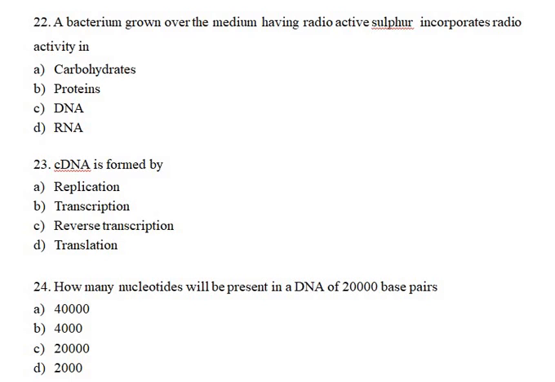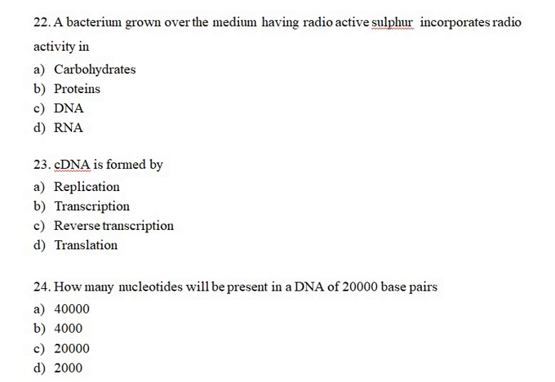So what is reverse transcription? Synthesis of complementary DNA from RNA is called reverse transcription. So whenever you find cDNA, it means it is synthesized from RNA molecule. So the correct option is C, 23C.